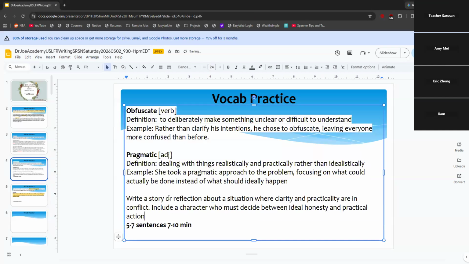So we're comparing clarity against practicality. Practicality means something that is very realistic, logical, and the opposite, I guess, we would look at is the ideal situation. If you have any questions about this, let me know. But try your best and make sure you're using both vocab words. Please submit in roughly 7 to 10 minutes.